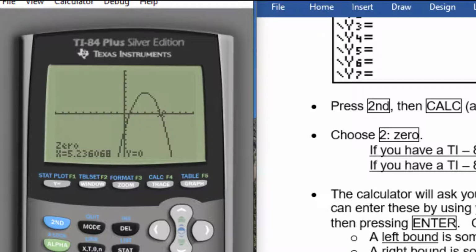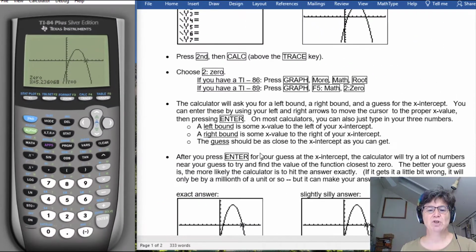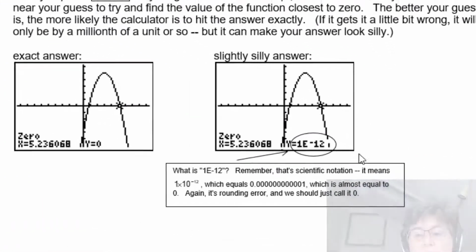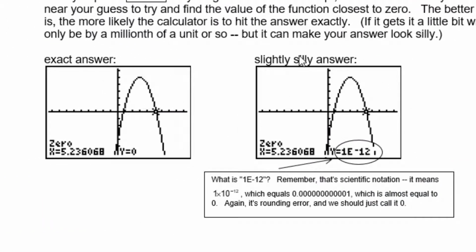So neither of those times did I get what I would call a slightly silly answer, but let me show you here on the handout what might happen. Let's look over here on the right-hand side. Notice what it did on that second x-intercept. It said x equals 5.236068, exactly the same as the exact answer. But look at this y value.